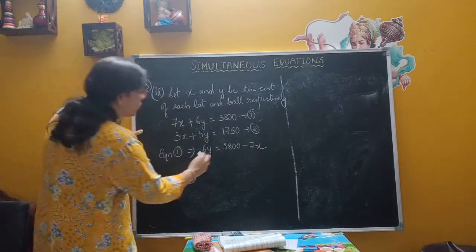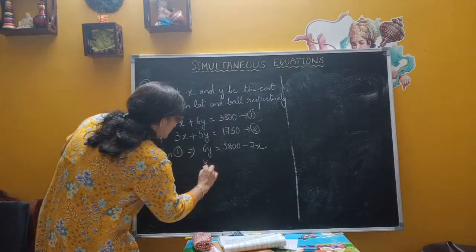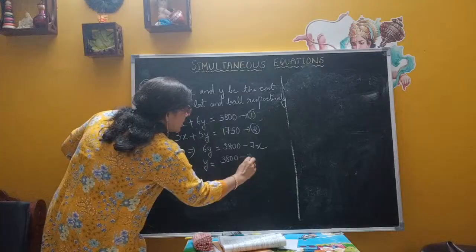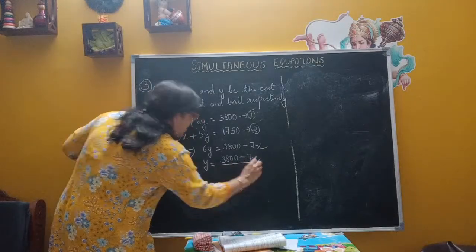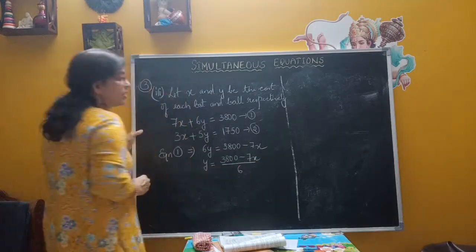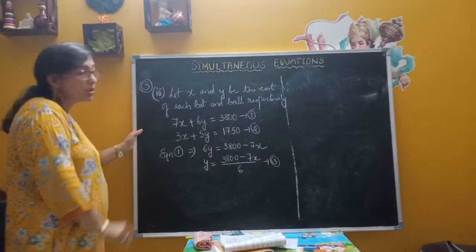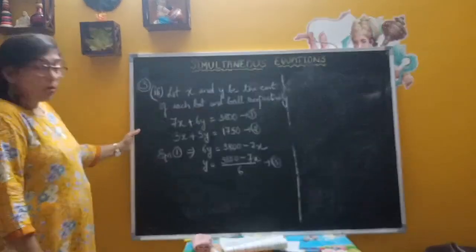And y is equal to 3800 minus 7x by 6. This is equation 3.